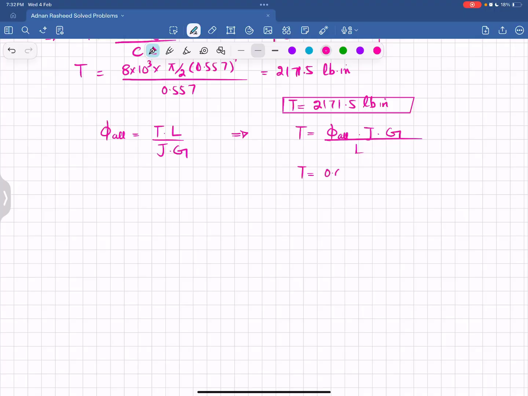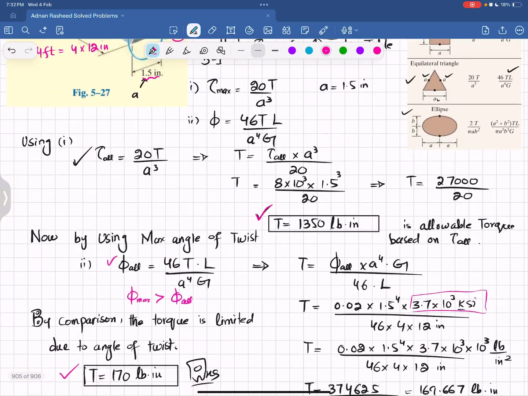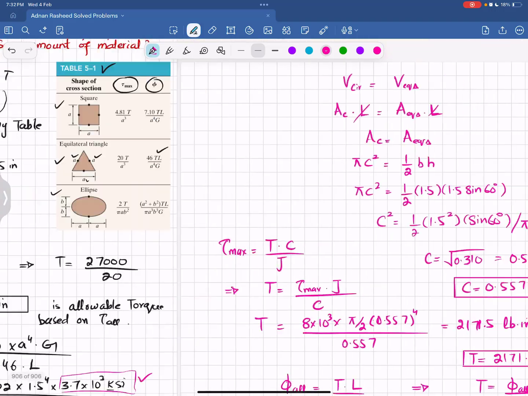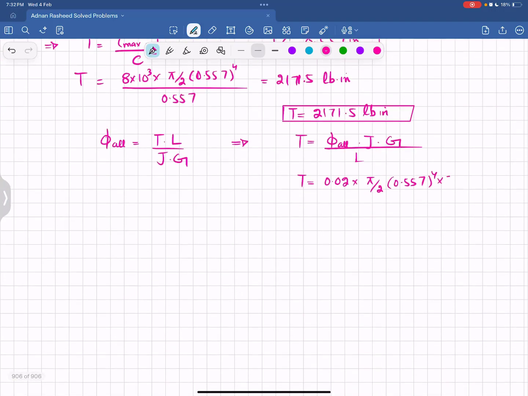So 0.02, J is pi by 2 C power 4, and C is 0.557, power 4, multiplied by G. And G, you can see we have taken this value 3.7 into 10 raised to the power 3 KSI. So I can write it 3.7 into 10 raised to the power 6 PSI, divided by length, and length is 4 feet. So 4 multiplied by 12 will give you the length in inch.